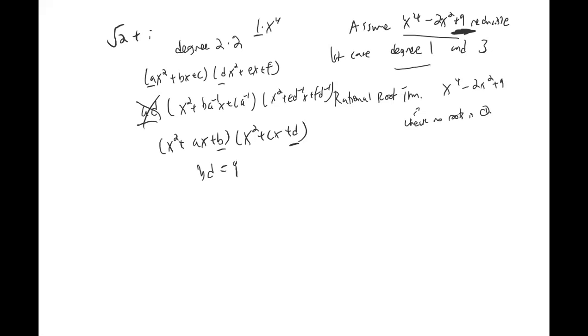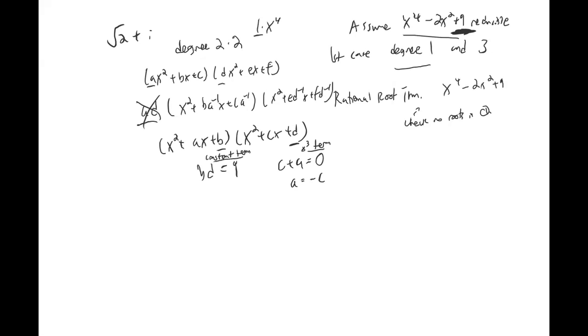If I match the x cubed term, what is the x cubed term? It's C plus A, right? And that has to be 0. So A must be negative C. Everyone agree? This is from the x cubed term, and this is from the constant term.